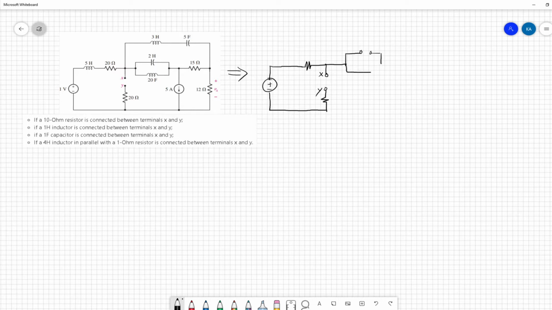And we have a short circuit. We have right here a short circuit connected to an open circuit.